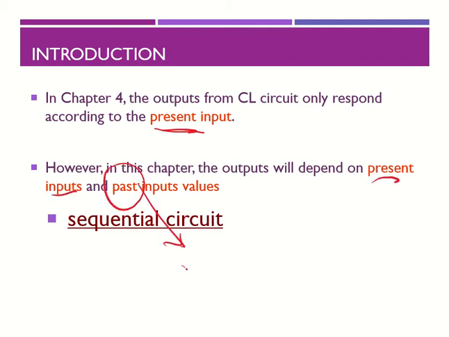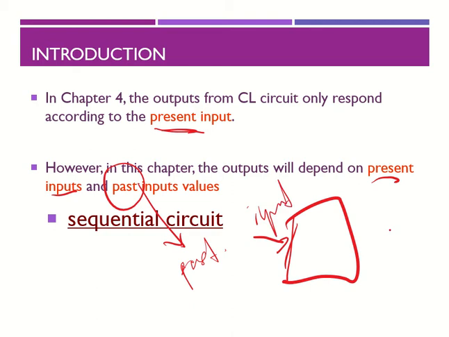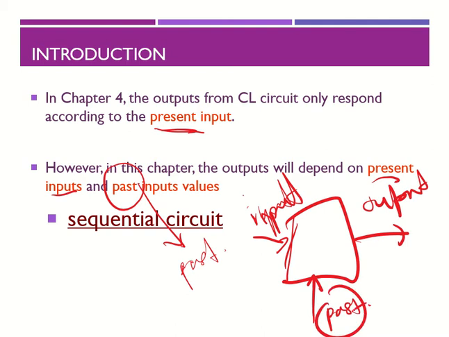So you're going to have a past input. Let's say you have a circuit, you have an input, you're going to have an output. Previously we have done this, but now we're going to have something we call past. This past will change how the output will be obtained.